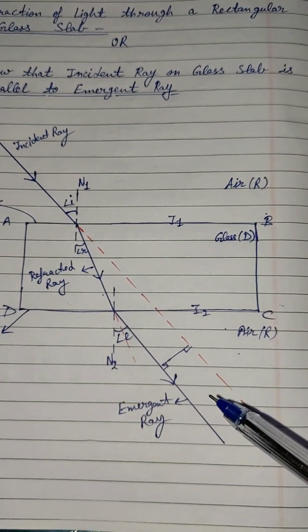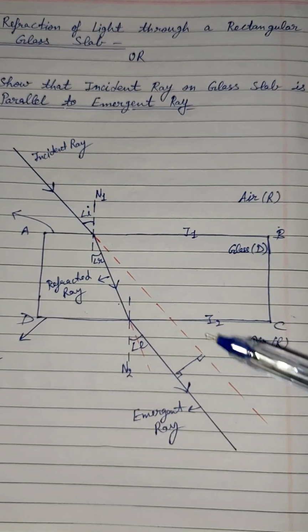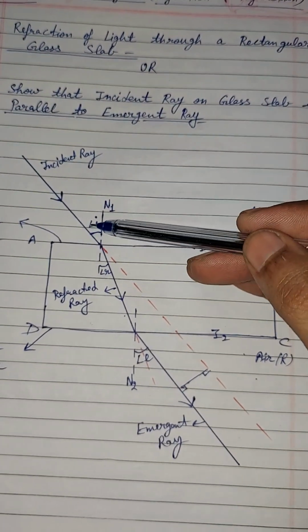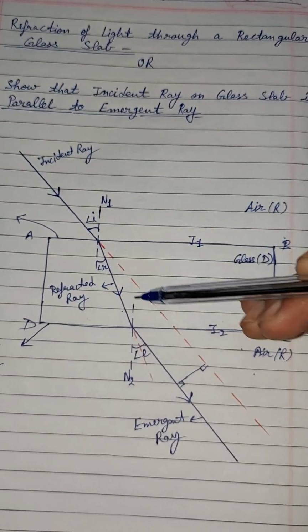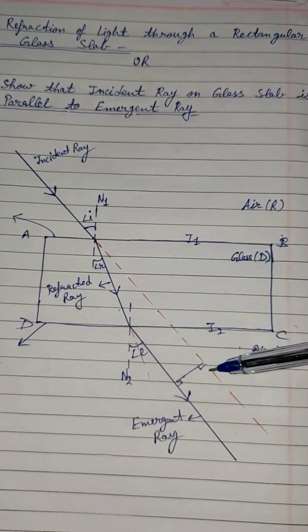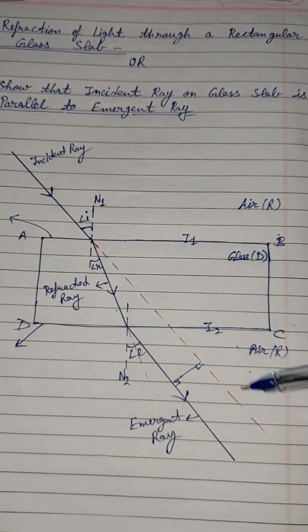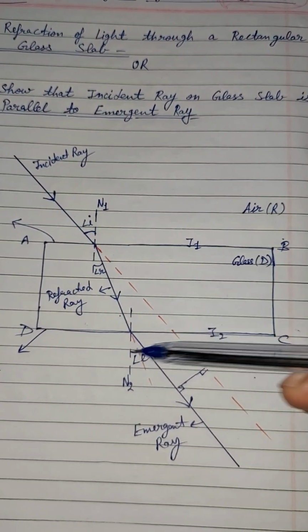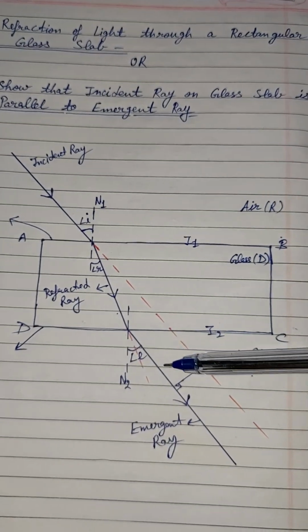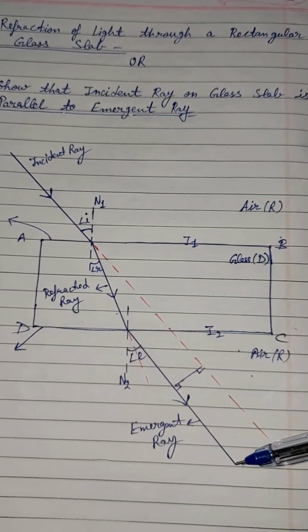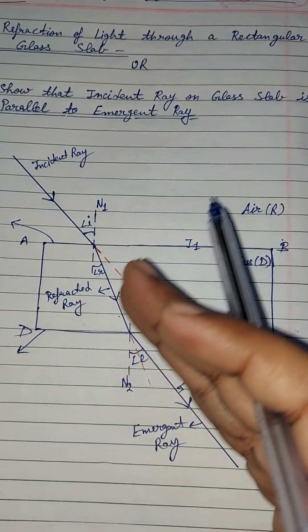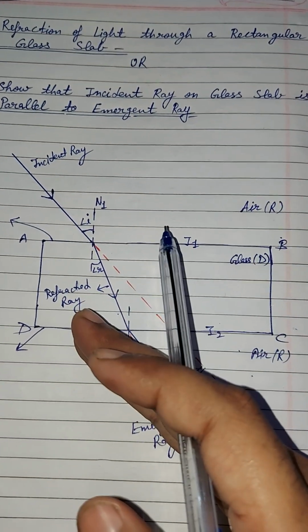Now if you notice, this incident ray has to move through this path, but after refraction through the glass slab, it is moving through this path. That means it has shifted sideways.